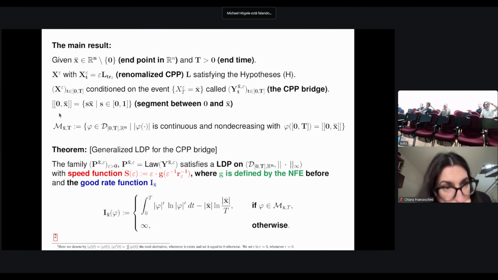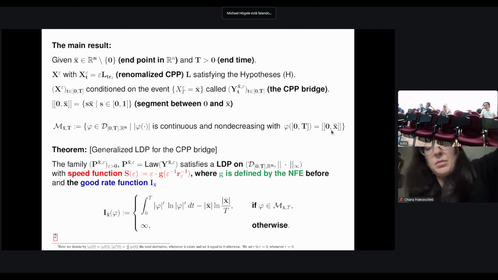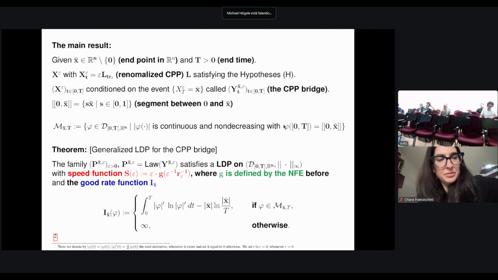And then we have the n-dimensional segment between 0 and the end time. Then we look at certain paths. These are all paths in the Skorokhod space between 0 and t which start in 0 and which end up in x bar, and they are non-decreasing in this one direction.